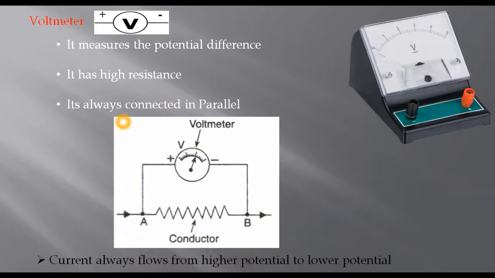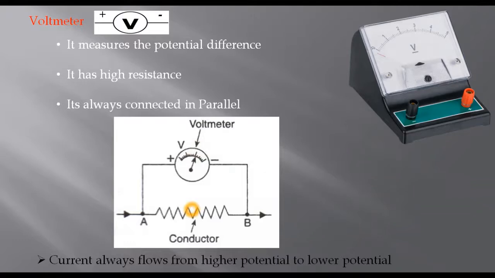And one more thing, a voltmeter is always connected in parallel. See, this is the parallel connection of the voltmeter. This is our conductor, or you can say wire, and we do not connect it end to end, or along a side, but we connect it between these 2 points A and B. This is the parallel combination of the voltmeter.